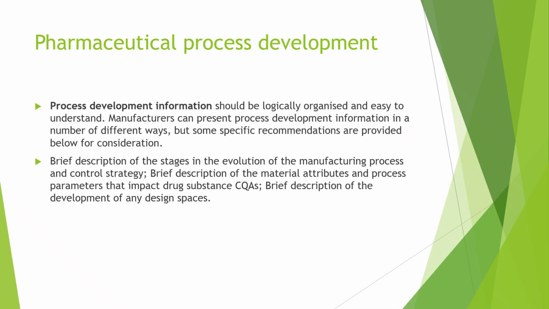Process development information should be logically organized and easy to understand. The manufacturer can present the process development information in a number of different ways, but some specific recommendations are provided below for consideration. Means your process development should be very logical, like first sifting of the material, then mixing, then binder addition, then mixing again, then the material goes to the FBD for fluidization and drying with some heating condition.